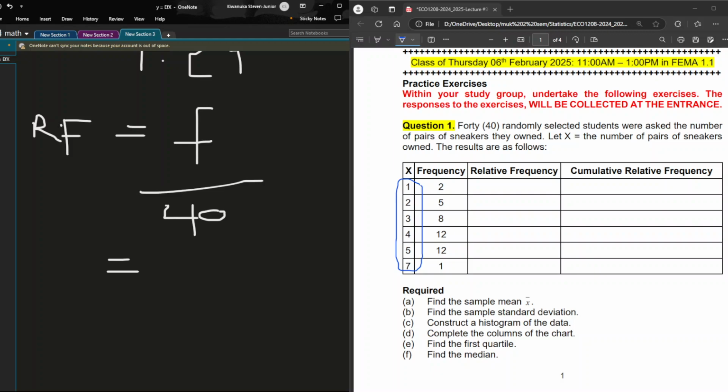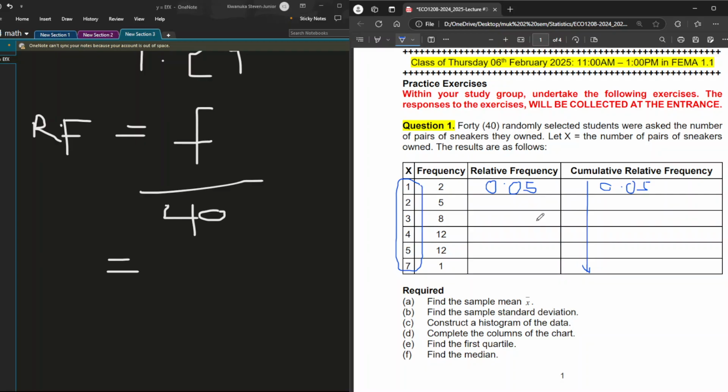So, I believe we know what cumulative frequency means. The first one was 0.05, so you bring that number even here, 0.05.